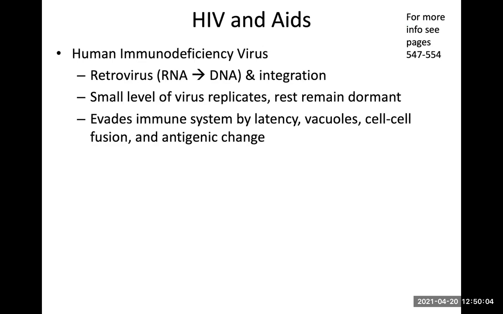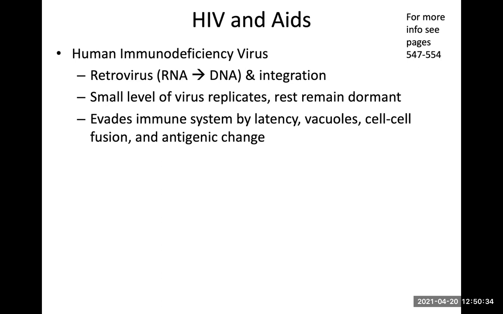We don't have time to go over it in all the depth that your book does, but I think it's very beneficial if you were to go ahead and read through that. So I put the pages here for the current version of the textbook, pages 547 through 554. There's tons of information about HIV on the CDC and the World Health Organization, WHO, as well. So there's no lack of resources for this.